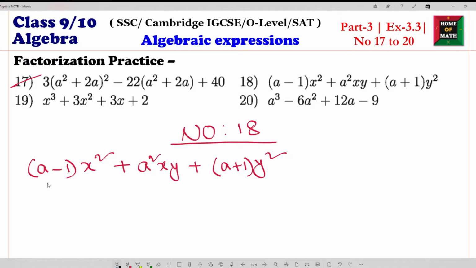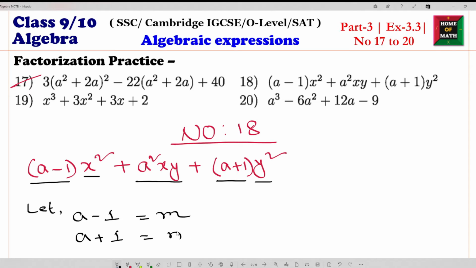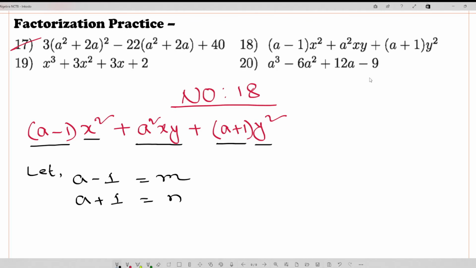Number 18: (a − 1)x² + a²xy + (a + 1)y². So let a − 1 equal m and a + 1 equal n. Why? Because we have to find the factorization smoothly. So now look, here is a².